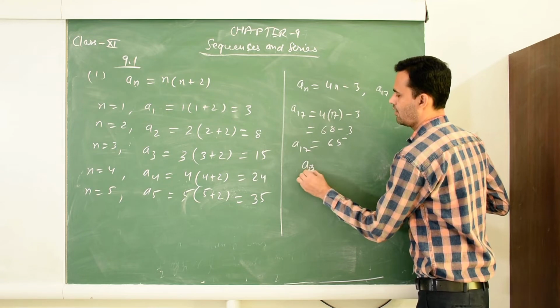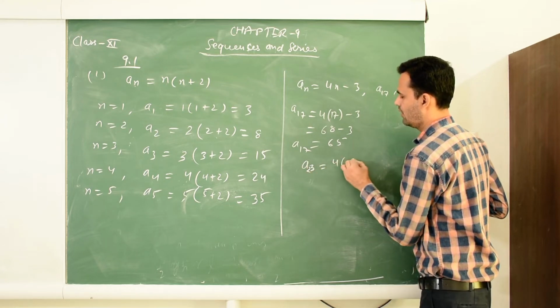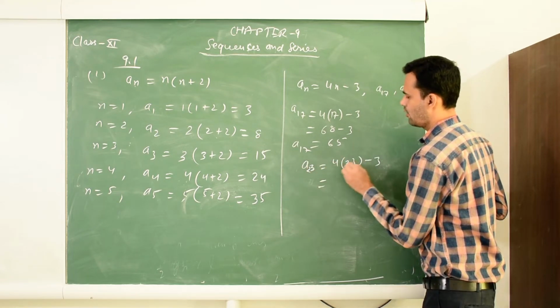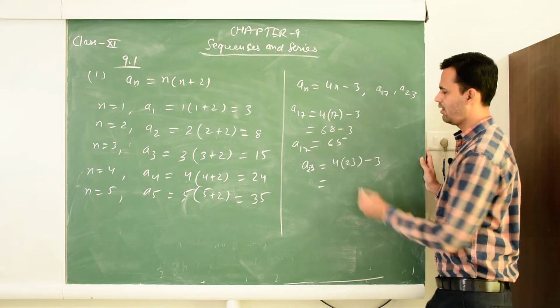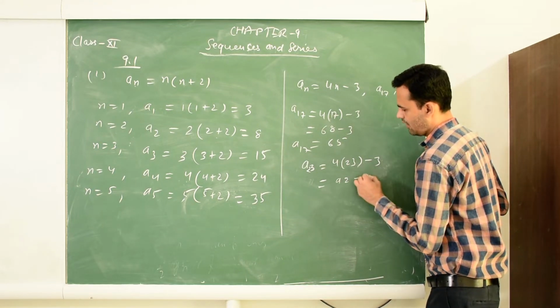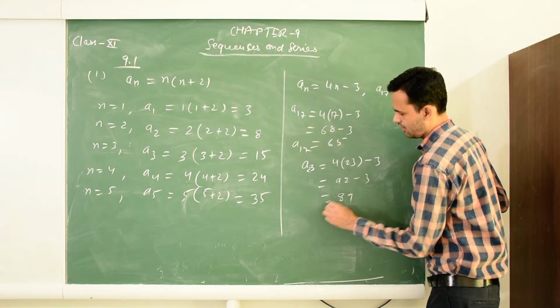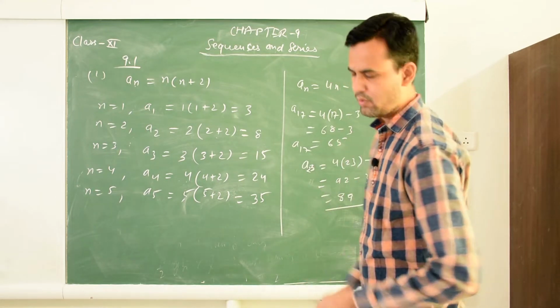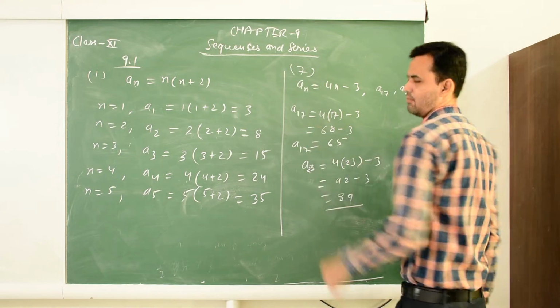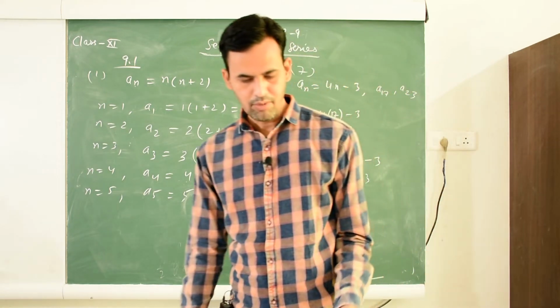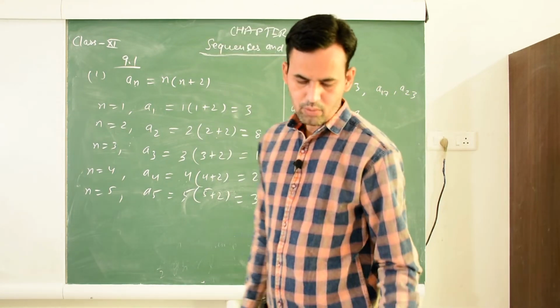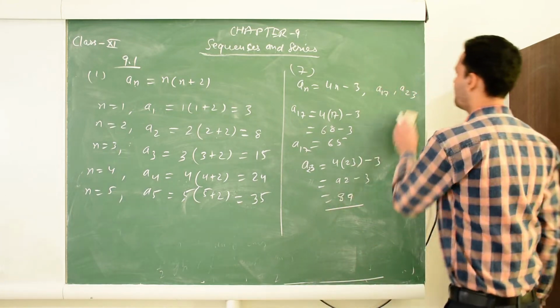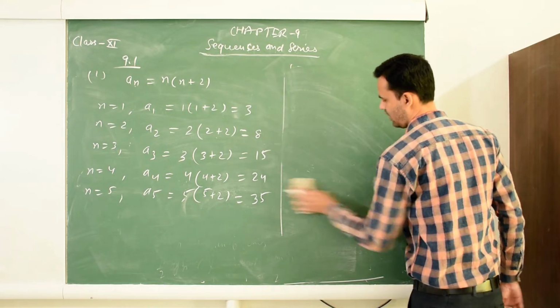Similarly A23: 4 into 23 minus 3. 23 4s are 92, minus 3, that is 89. So the answers are 65 and 89. Questions 7 to 10 are all the same, so you can solve them.